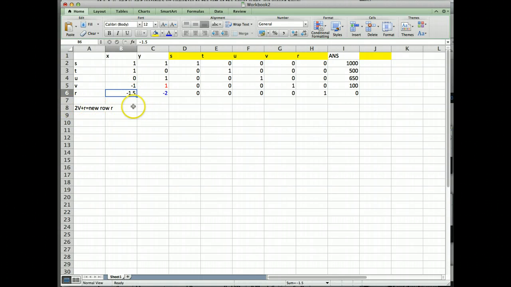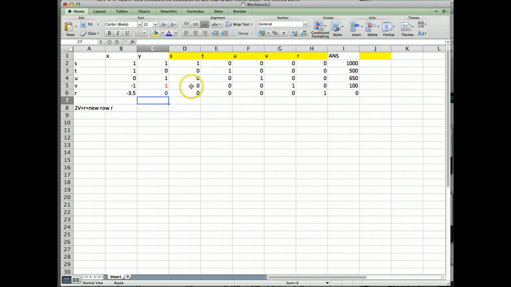And I'm just going to go ahead and change these here. So this becomes a -3.5. -1.5 minus 2 is -3.5. Right? +2 times 1 is +2, -2 becomes 0. That's exactly what we wanted to happen.